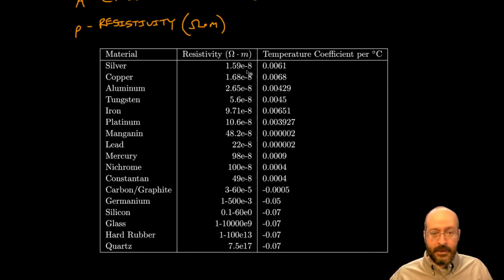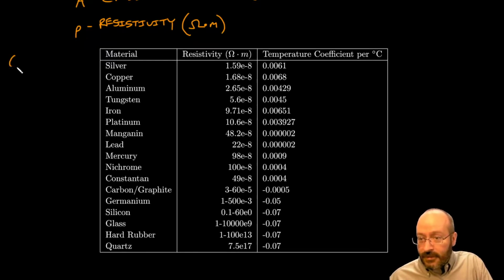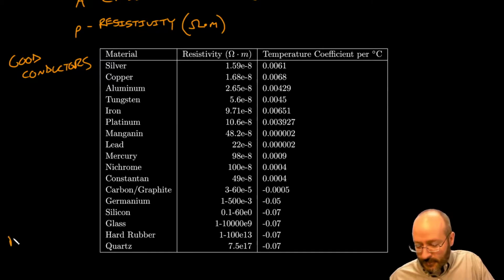We have some lower resistivity materials up here at the top, and we have some higher resistivity materials down at the bottom. So it's going to be good conductors. Let me just write this over here. Okay, so these are good conductors. I was going to write bad conductors, but let's stay positive here. Good insulators. Okay.